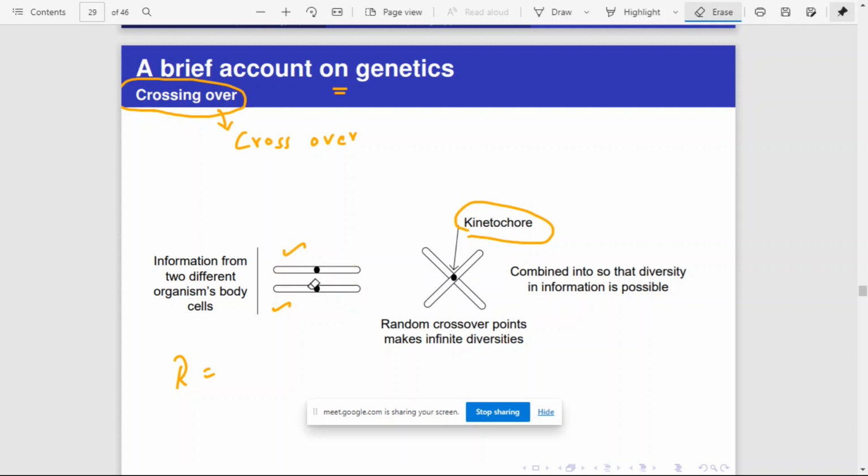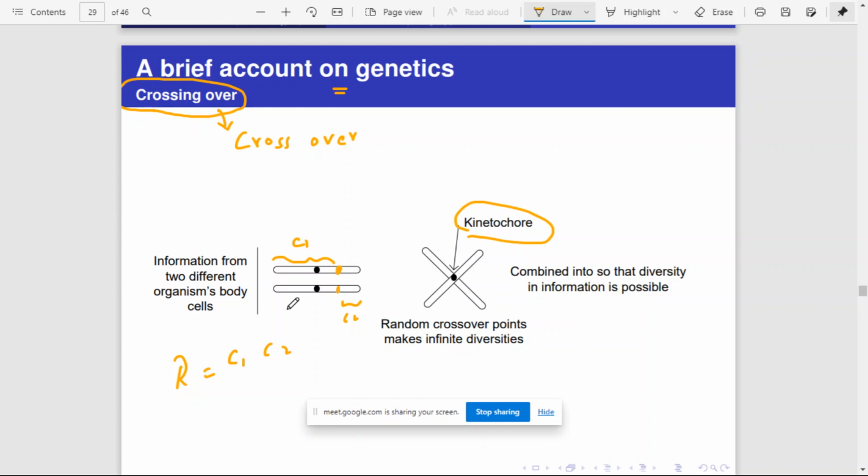Now this kinetochore point does not have to be the center point, it can be anywhere. For example, if this kinetochore point is here, we can call this part C1 and this part C2. Then the resultant chromosome can be formed like C1 C2, that is, the first part comes from here and the second part from here.